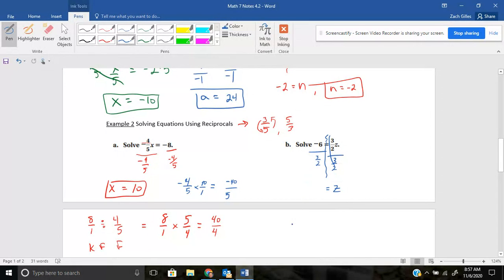Now I have negative 6, which is the same as negative 6 over 1, divided by 3/2. Again, I'm dividing fractions here, so remember my acronym of keep, flip, flop.